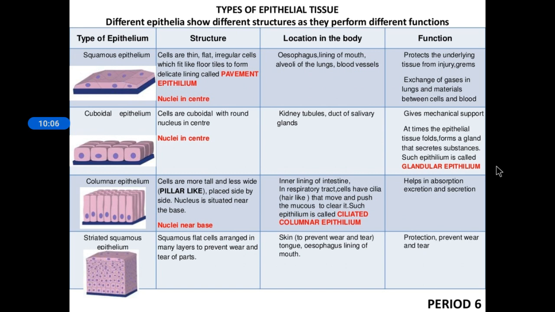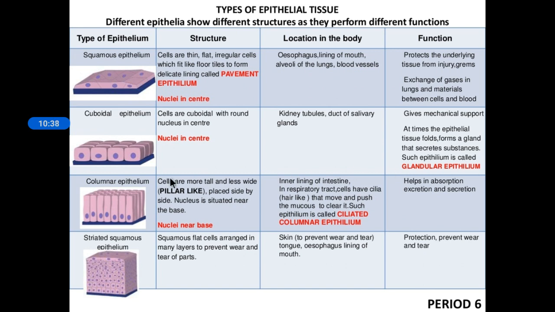That means at times the epithelial tissue folds and forms a gland that secretes substances. So those which secrete secretions, such type of epithelium is called glandular epithelium. What are the secretions? Saliva, the tear gland, the sweat gland. We know what glands are present in our body. So such types of epithelium are called glandular epithelium.